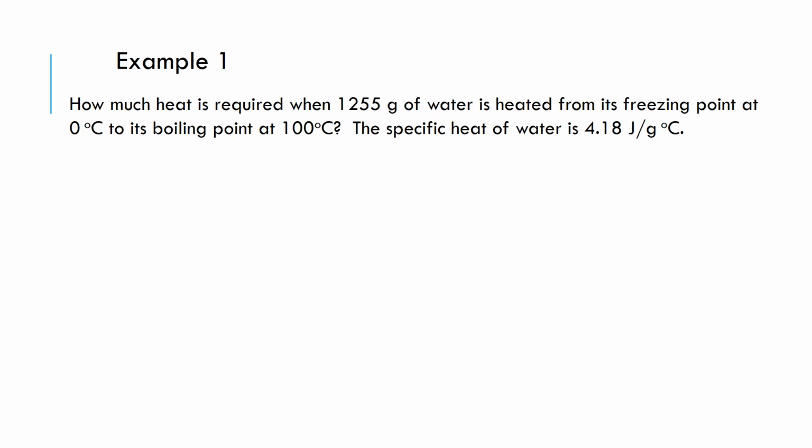All right, so here's an example. It says how much heat is required when 1,255 grams of water is heated from its freezing point at 0 to its boiling point at 100, and it gives you the value for the specific heat of water. So consider what your variables are and plug them into the equation.